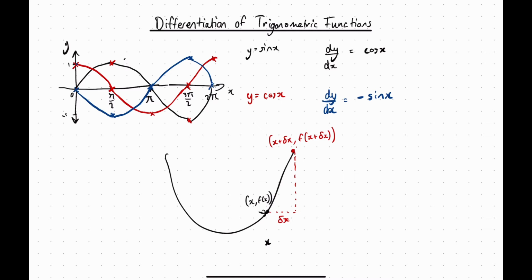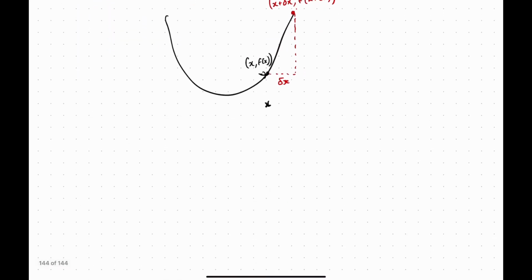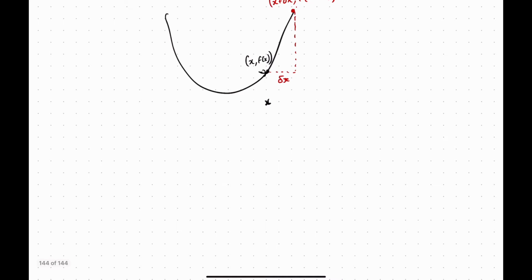The key thing is, though, with that delta x, they start to consider what happens as delta x becomes closer and closer towards 0. They apply limits to it. So let's actually use y equals sine x. This is kind of not needed for you, but it's interesting.